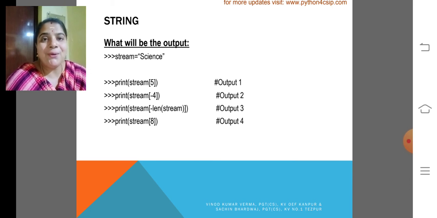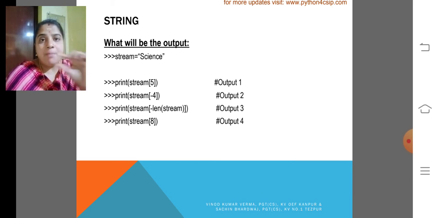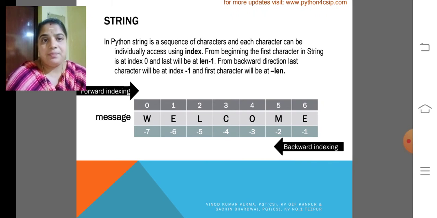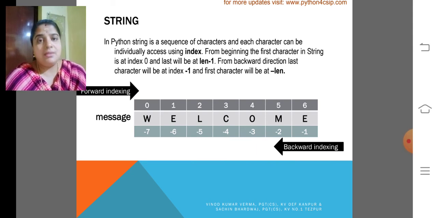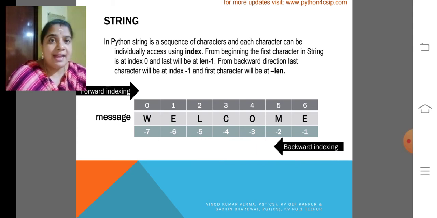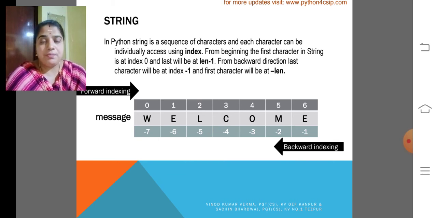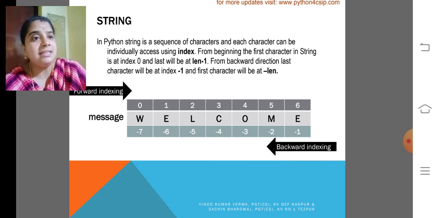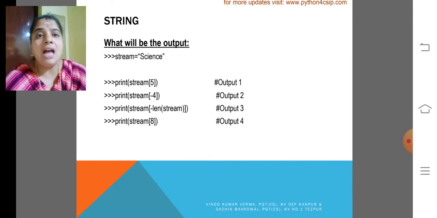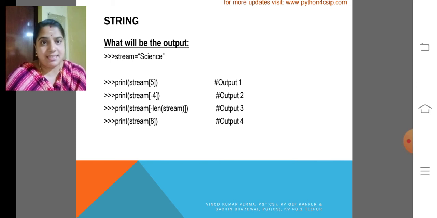You need to draw a box like this. How I had included the word in a box along with the index, both in the forward direction and in the backward direction. Try to draw a box with the string and identify the outputs of each and every print statement.